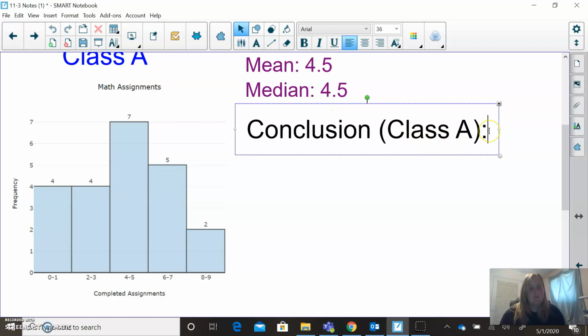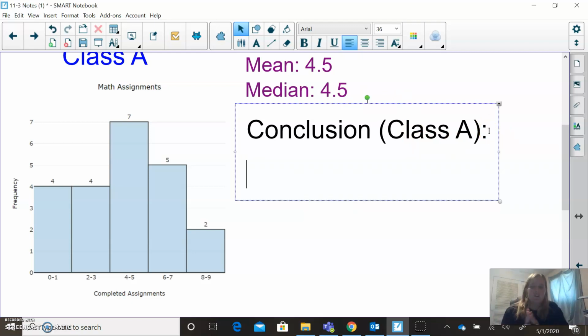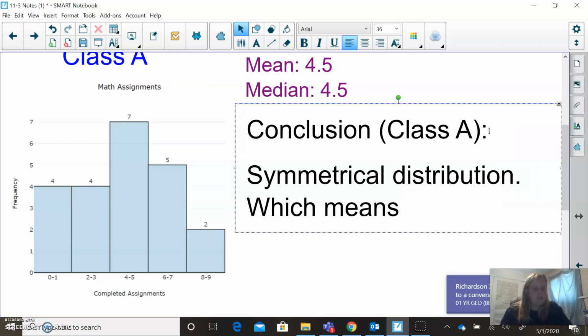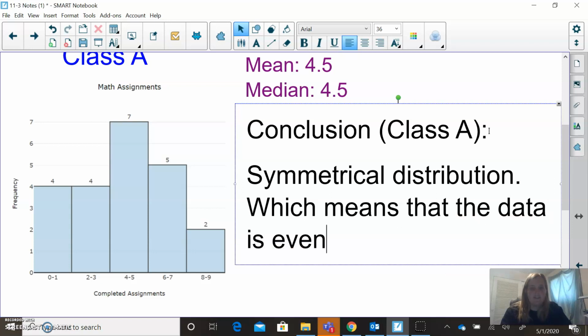So, okay guys, for the conclusion, if we look at this, this graph is pretty symmetrical. So this is a symmetrical distribution, and I spelled symmetrical wrong. So it's a symmetrical distribution, which means that the data is evenly spread.